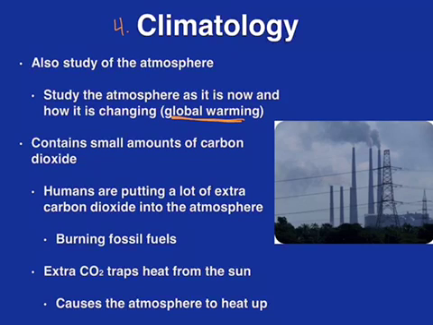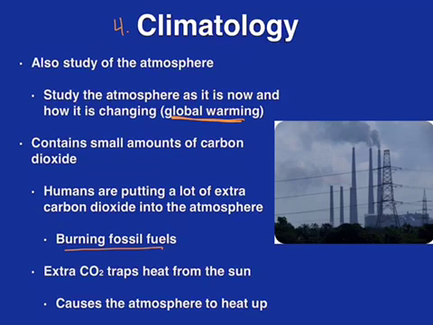An example there would be global warming. How has the atmosphere warmed up? What has caused the atmosphere to warm up? Climatology looks at how the atmosphere contains small amounts of carbon dioxide and how humans are putting a lot of extra carbon dioxide into the atmosphere by burning fossil fuels.